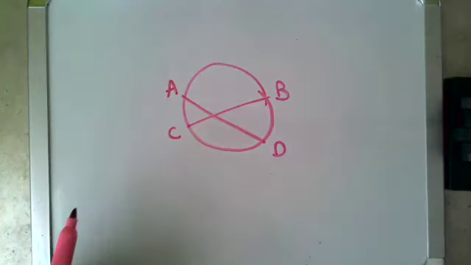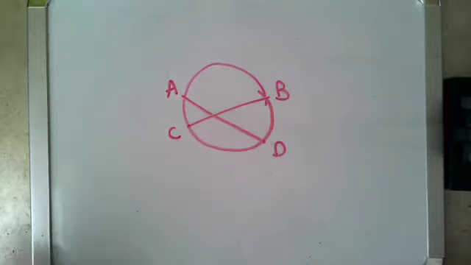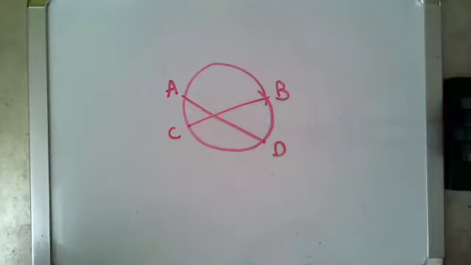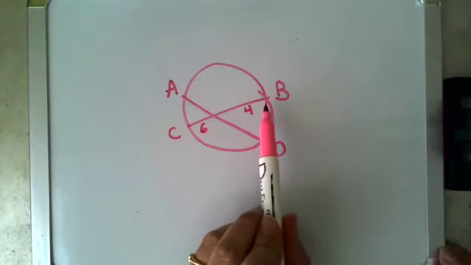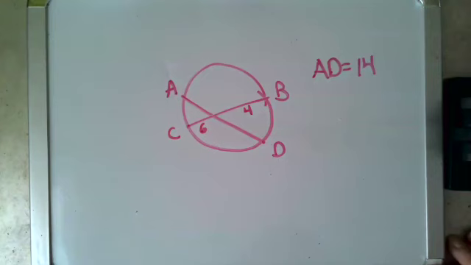Here we go. All right, so here we have a rather wonky circle, and what are these called again? Yes, that's right, chords. So we know we're doing part times part equals part times part. So let's imagine the givens of this problem are as follows. Let's say we're told that this chord is divided into segments of 4 and 6. And then let's say we're given the information that chord AD equals 14.